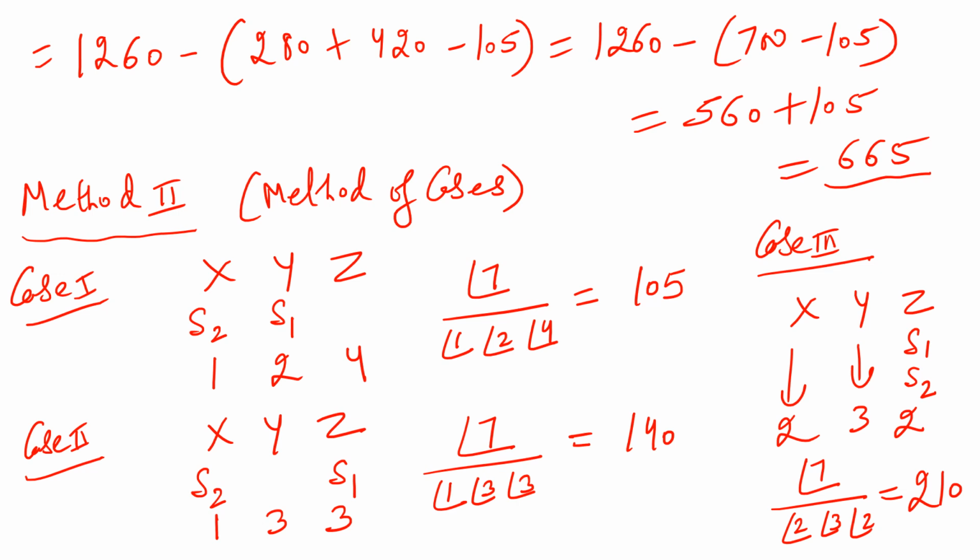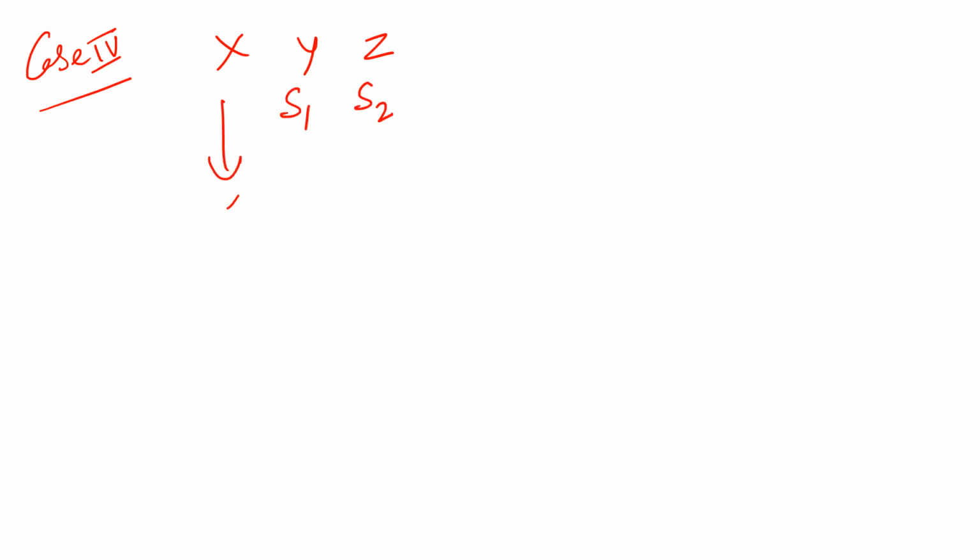Now students, this is the last case that we have to consider. In this particular case, S1 belongs to the team Y and S2 belongs to the team Z. Now X requires 2 students, team Y requires 2 more students, and team Z requires 3 more students.